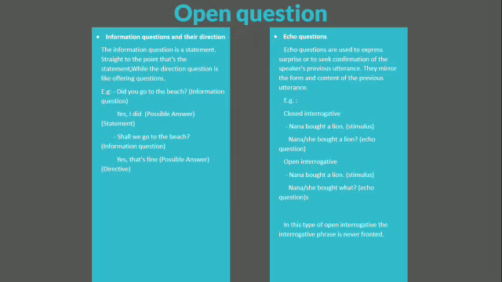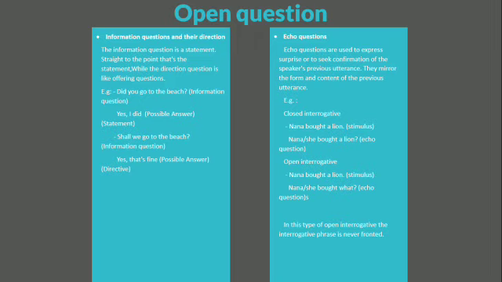And then we have information questions and their direction. An information question is a statement straight to the point, while a directive question is like offering. The example of an information question is, did you go to the beach? Yes, I did. So the answer is a statement.